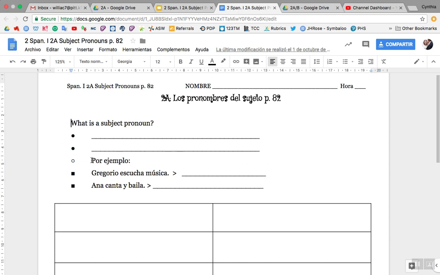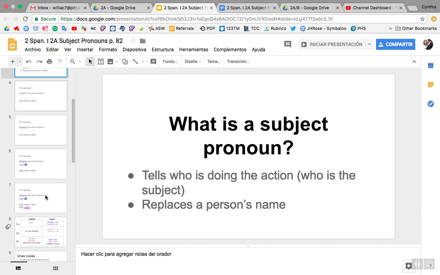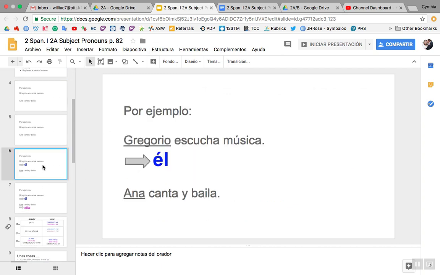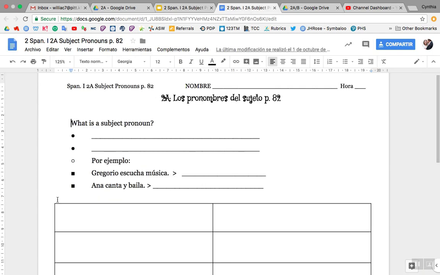For example, por ejemplo, Gregorio escucha música. So we have Gregory listens to music. We can take out the name Gregory and replace it with a subject pronoun. In this case, that would be él. We also on our list have Ana canta y baila.